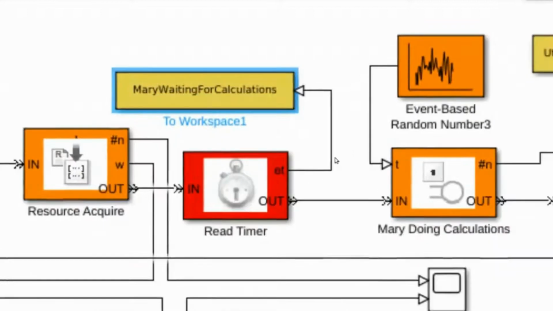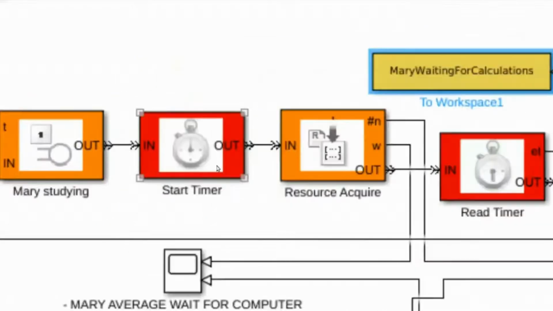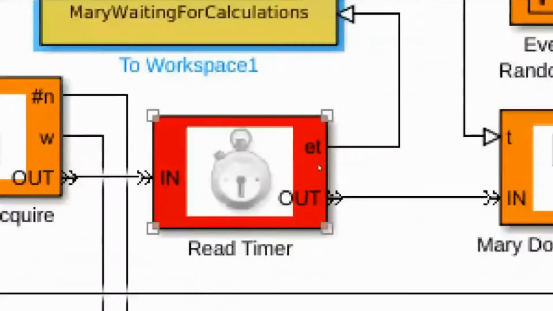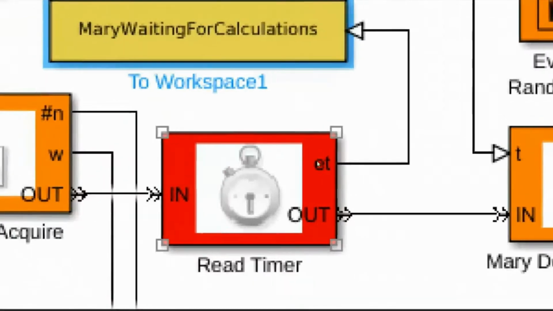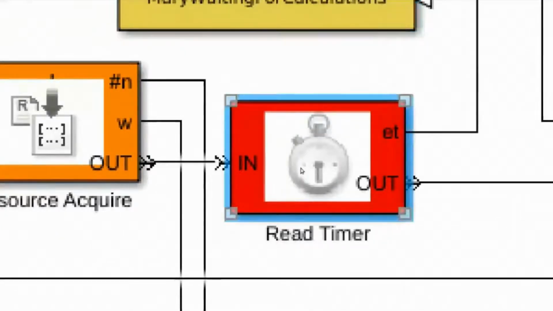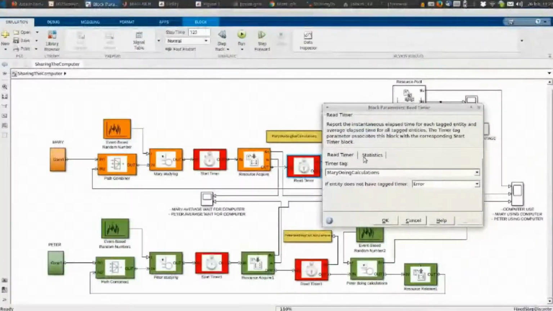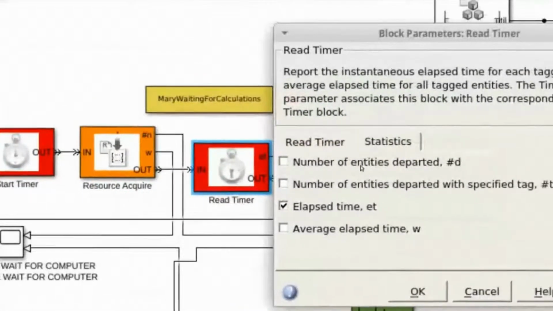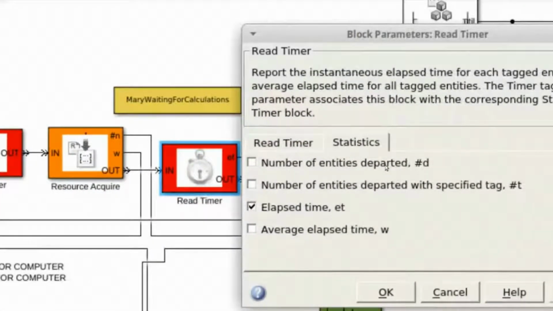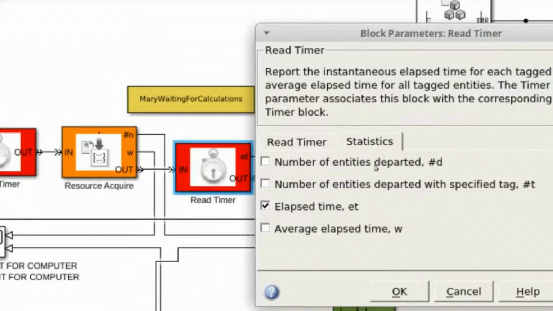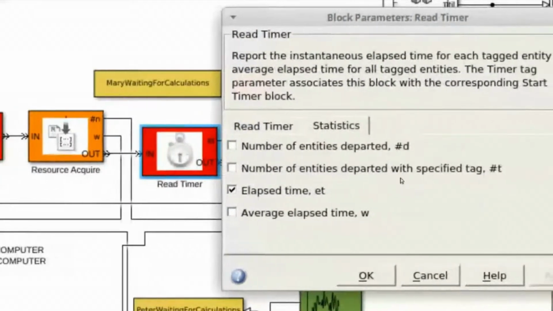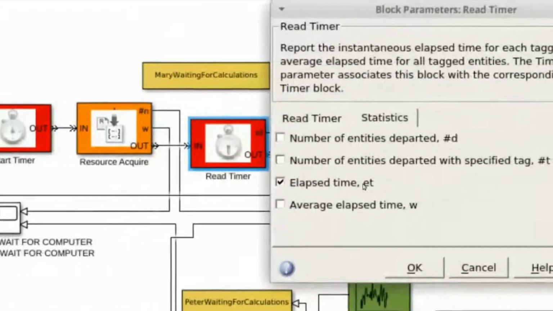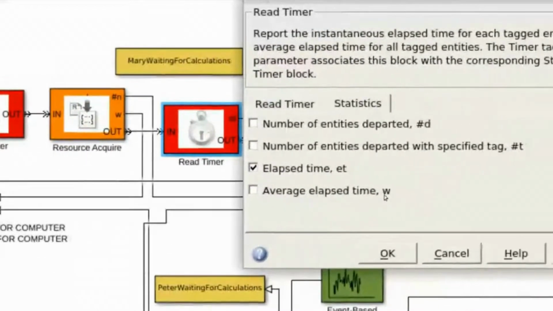And what's this information? Every time that Mary enters this block, here we'll have the elapsed time. ET stands for elapsed time. Let's double click in here. And as you can see here, in the statistics, you can get the number of entities departed, so the number of entities that got out of this block, the number of entities departed with specific tag name, the elapsed time or the average elapsed time.